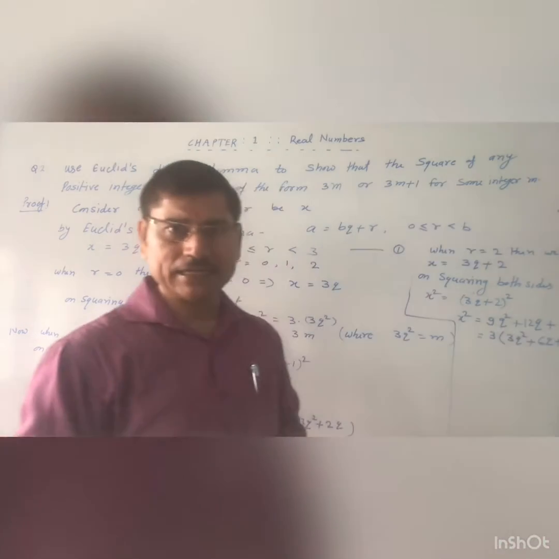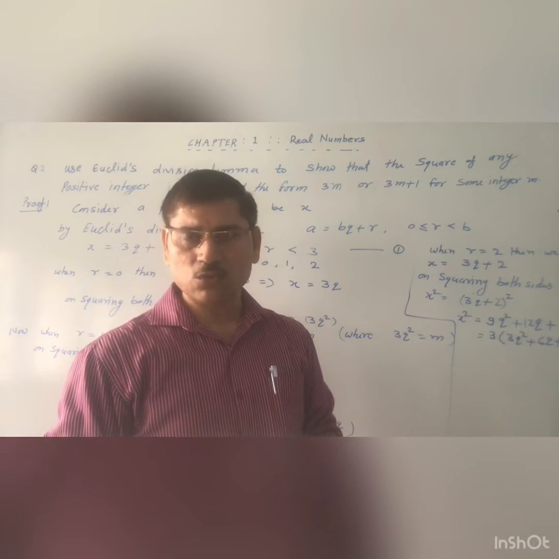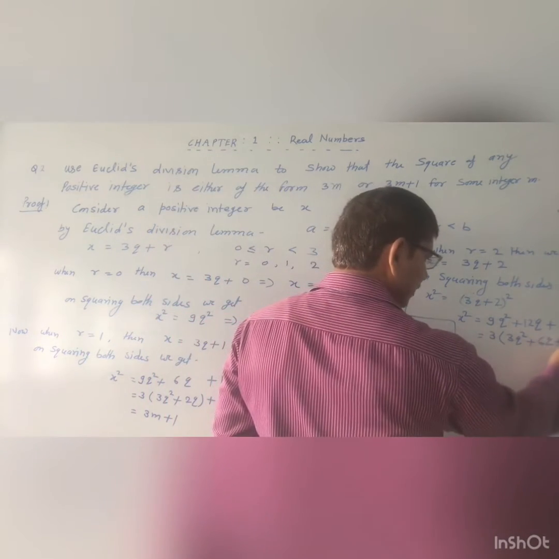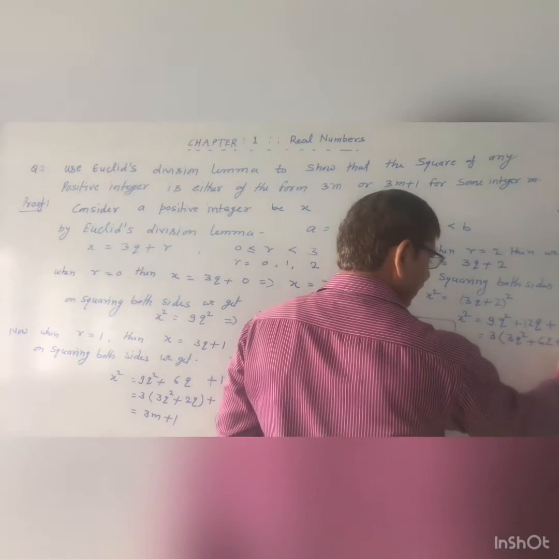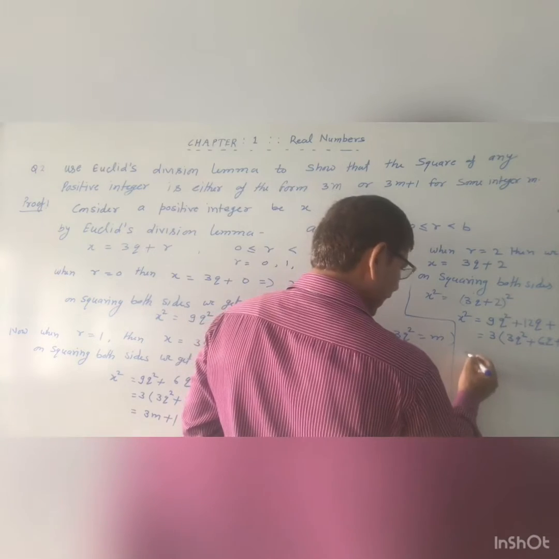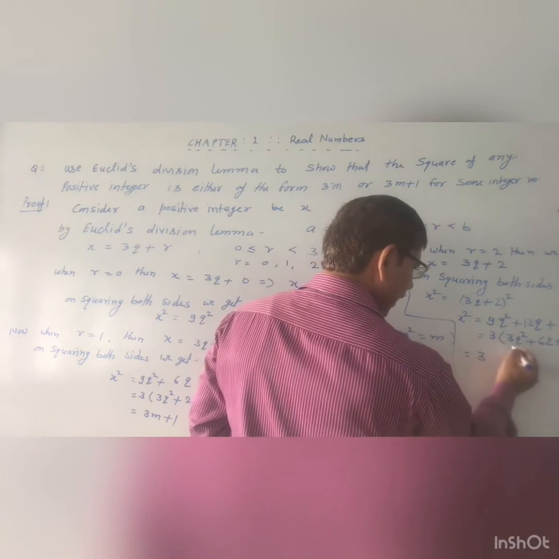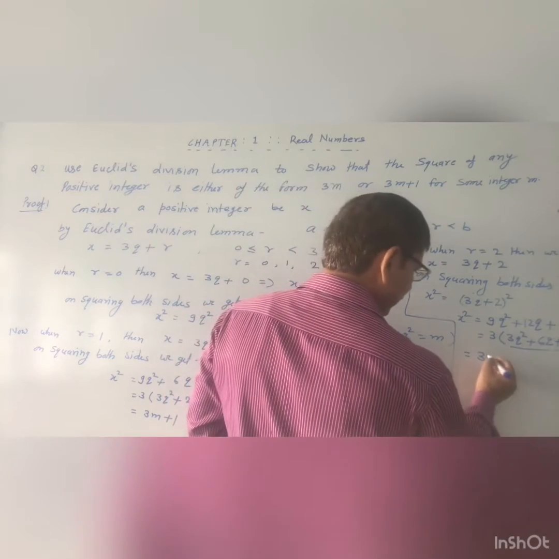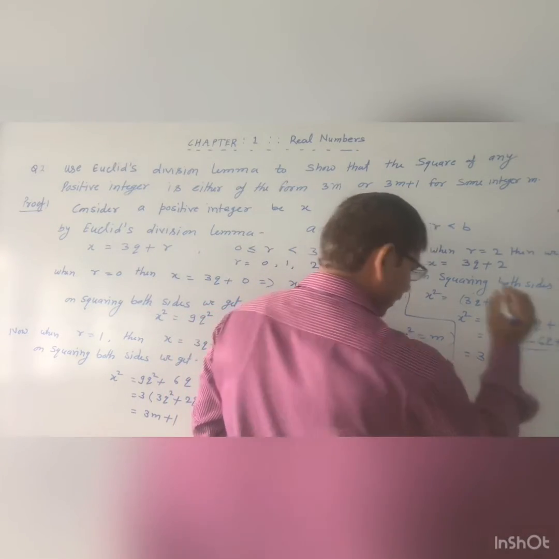So 3 is taken as common, you will get 1 plus 1. Replace these things by m. So you will get 3m plus 1.